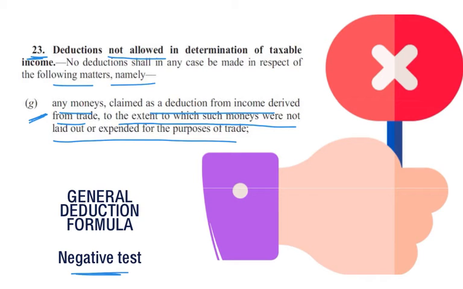What section 23G tells us is that if an expense, any monies, is not incurred for purposes of trade, in other words, if it's not laid out, if it's not paid for purposes of your trade, then you will not be allowed to claim a deduction, right? And this is known as our negative test.